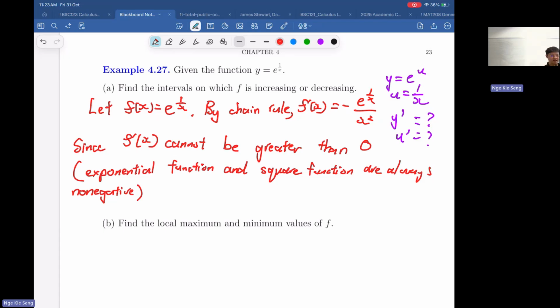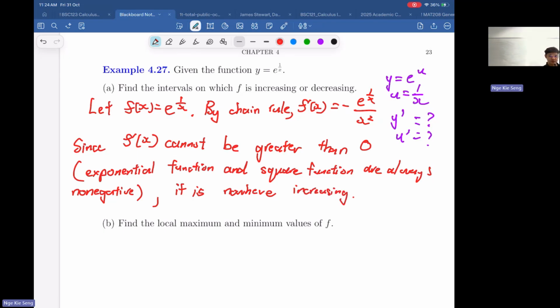But you can see that this function shouldn't take x to be 0 in the domain, because 1 over 0 is not defined. So it is no way increasing. How should you think about this function? It's always decreasing, going downward.